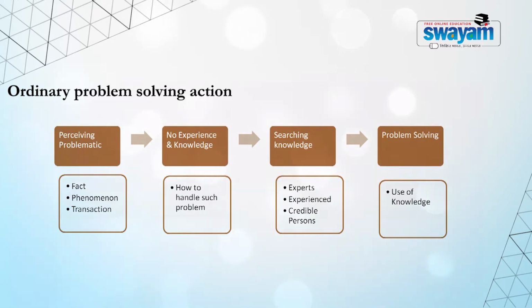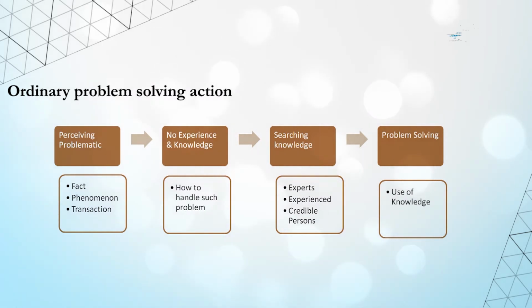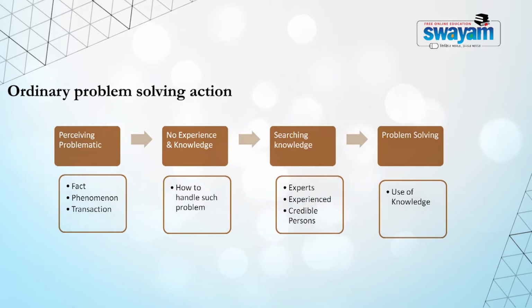He moves to search the knowledge towards problem solving with experts, experienced person and credible persons supposed to have the answer of such problem or knowledge to resolve that problem. After seeking that knowledge, he applies that knowledge and tries to resolve his problem of life. Whether his problem will be solved or not, it depends.